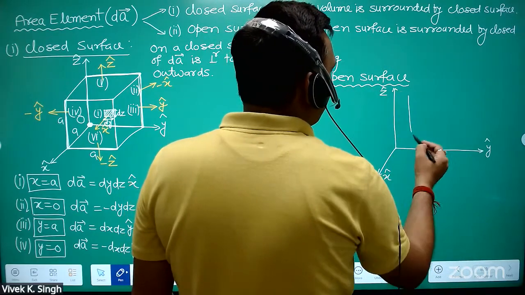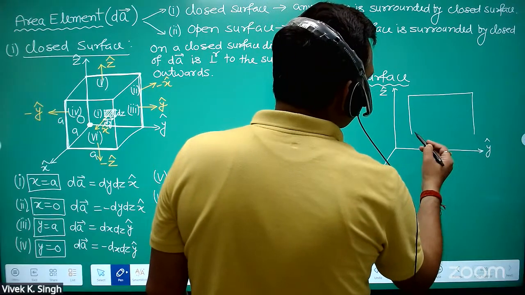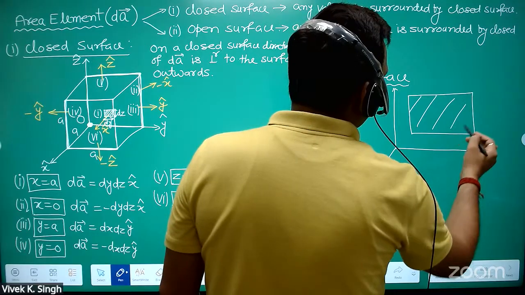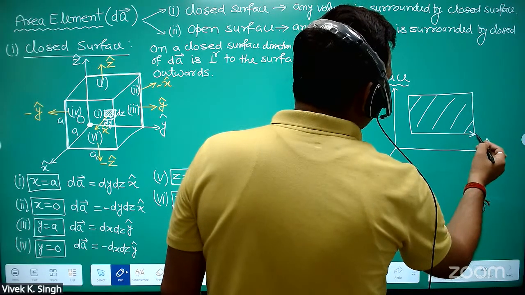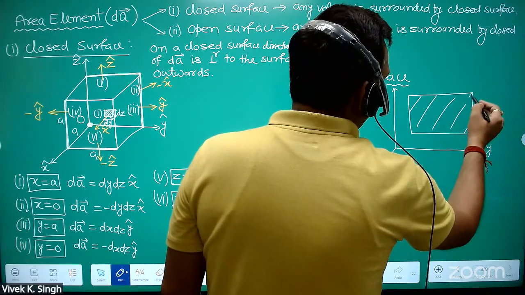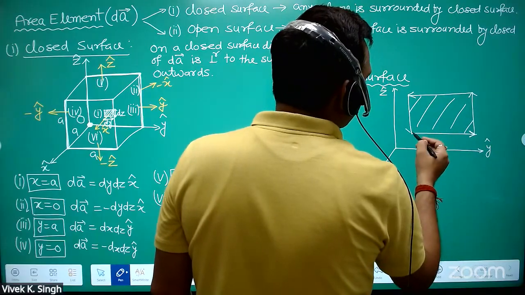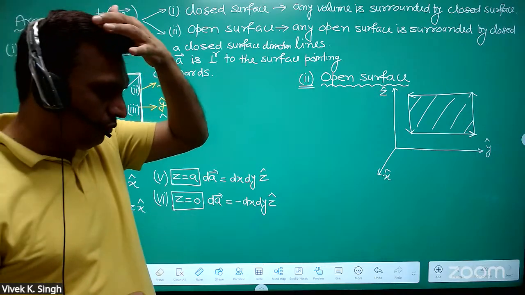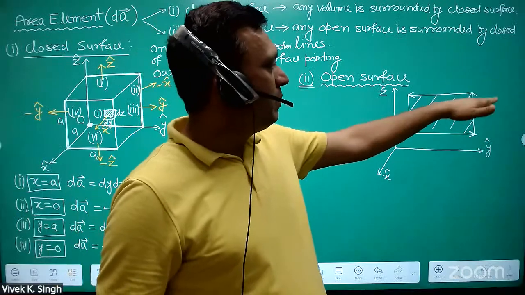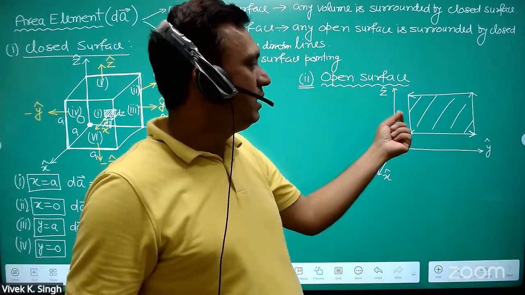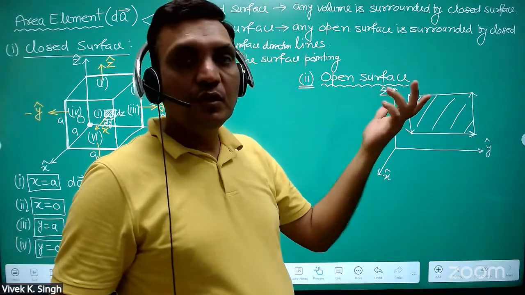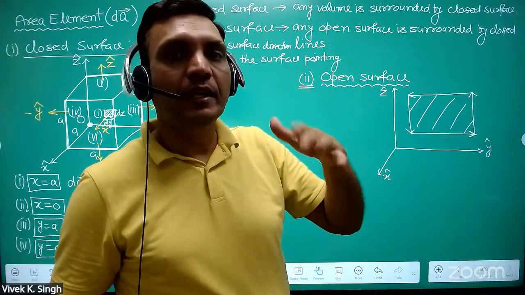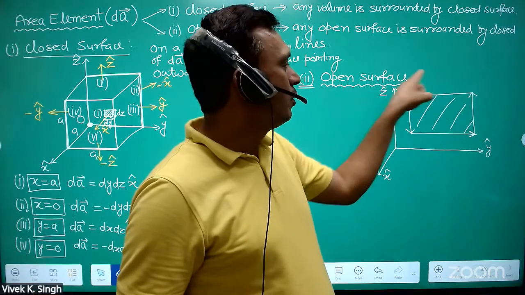And consider this particular surface. It's like a rectangular surface, so that will be surrounded by a closed line. It's a thin sheet. A thin sheet is an open surface because there is no volume here. So that's why it is surrounded by a closed line.